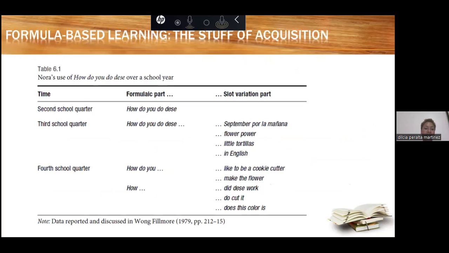Formula-based learning and stages of acquisition. Learners make use of memorized bits and pieces of language. This was Lily Wong Fillmore's 1979 conclusion in her study of five Mexican children whose families had emigrated to California for farm work.